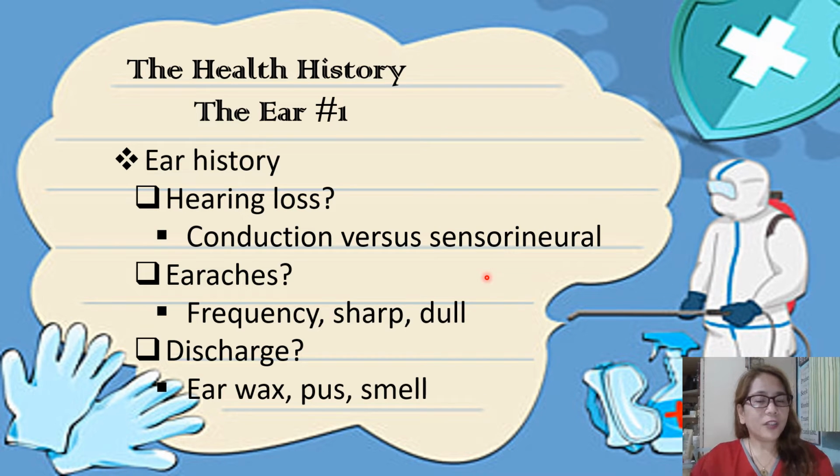For the characteristics, you can ask questions such as, how do you clean your ear? Are you using cotton buds in cleaning your ear? Or is there any insect that crawled inside your ear? For the associated manifestations, you can ask the client if it is accompanied by nausea or dizziness. For the relieving factors, you can ask the client, does anything make it better? Or for the treatment, have you seen anyone for this problem?